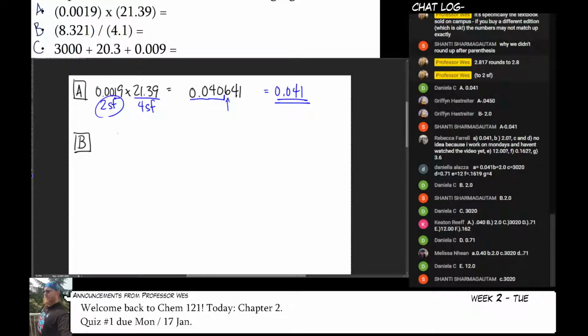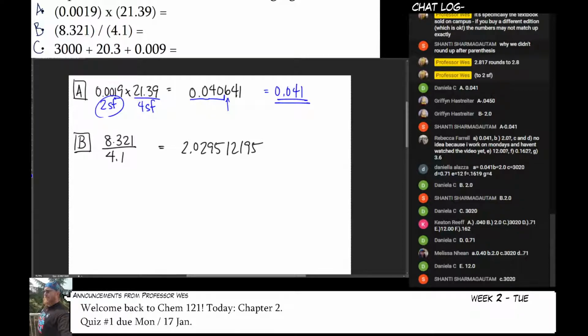For B, we're going to do something similar, except we're going to do division. So when I type that in there, I get 2.0295 is what my calculator says.